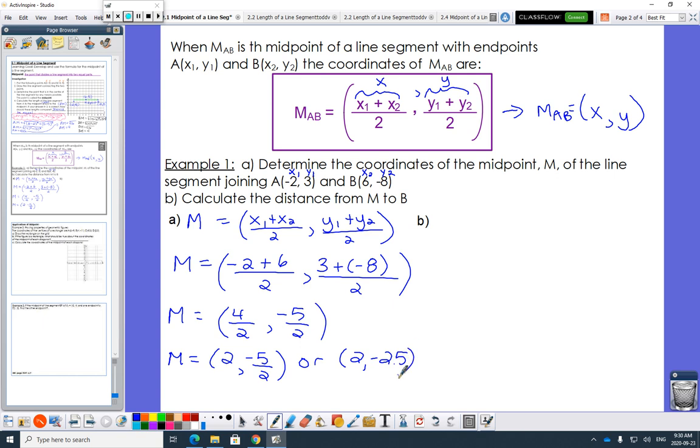Negative 2.5 wouldn't be too bad to graph, but obviously repeating decimals would be. So if I asked you to graph a midpoint, it would be a nice value, okay?